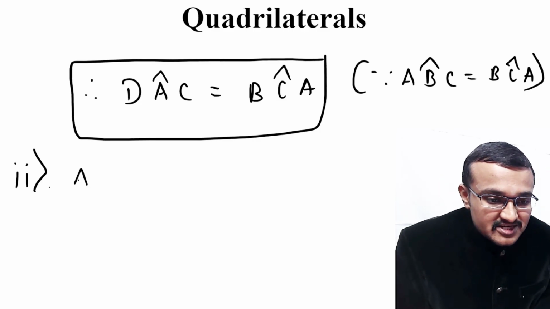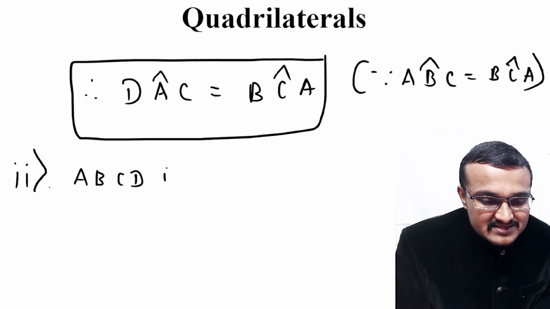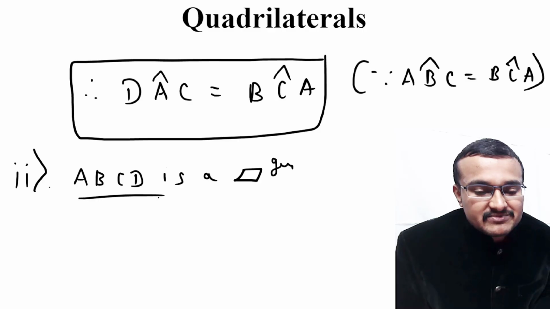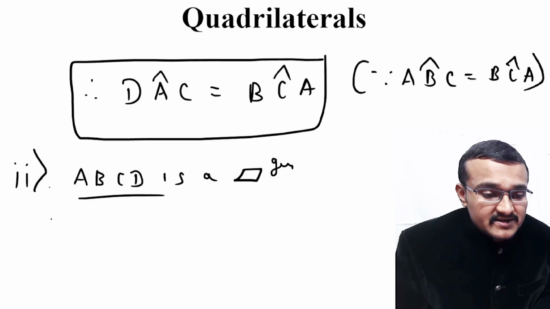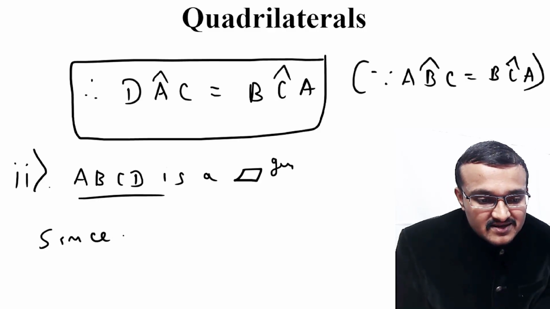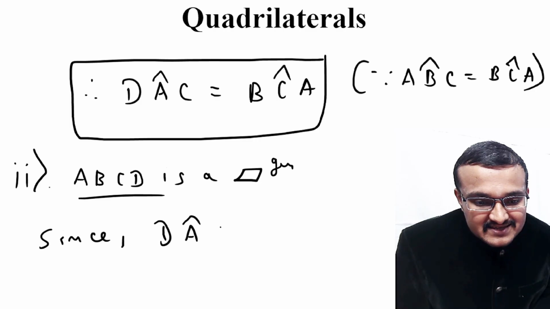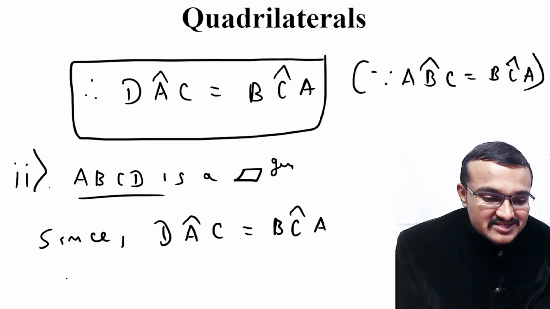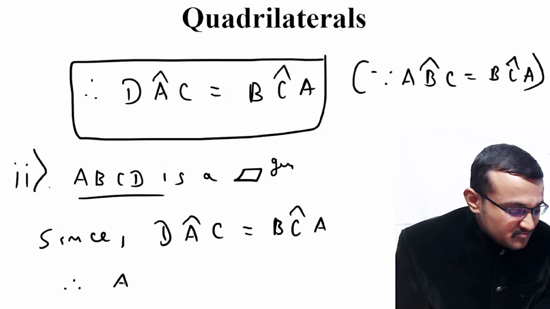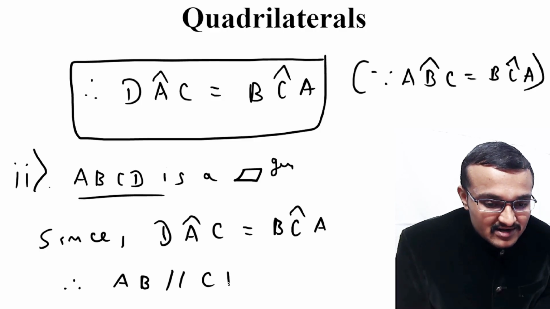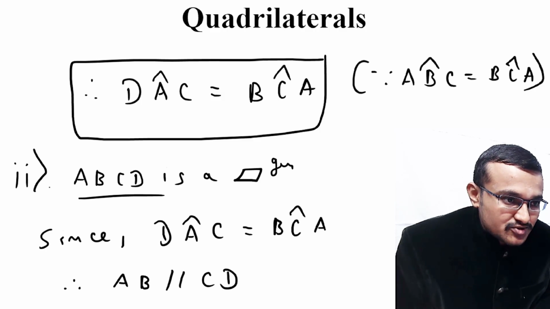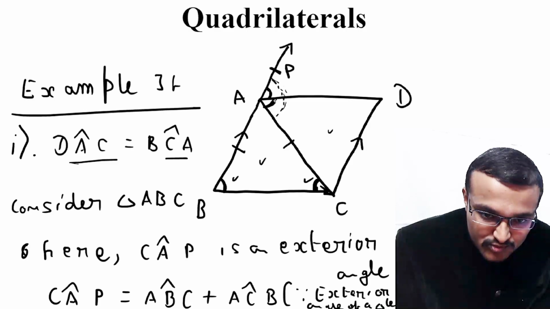So now in the second question, you need to prove that ABCD is a parallelogram. So we need to prove ABCD is a parallelogram. So here, since DAC is equal to BCA, we had just now proved that this particular DAC is equal to this particular BCA.